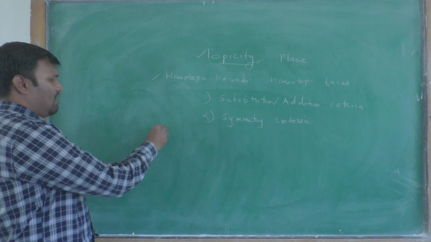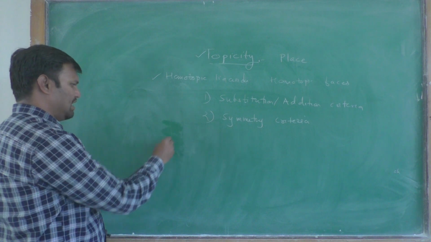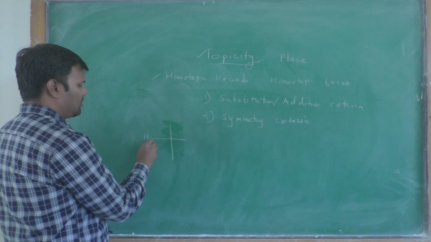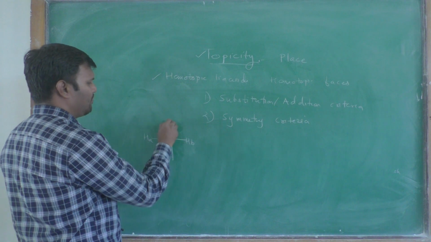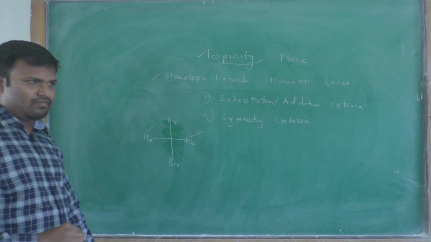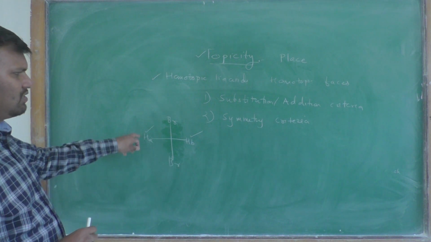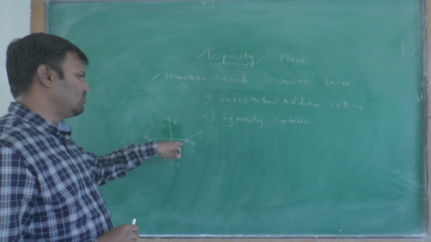We have the previous example: by substitution of HA or HB with one of these isotopes gives the same chemical species. That is under the substitution criteria.